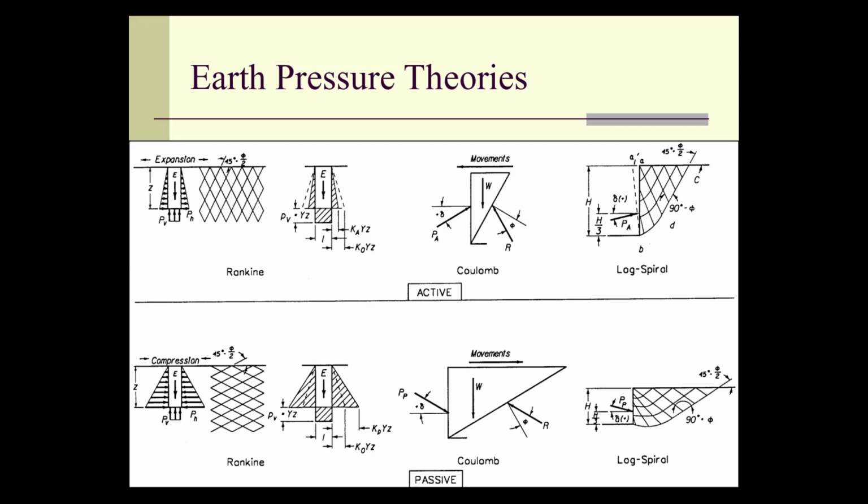Coulomb was the first one, actually. And Coulomb assumes basically that there is a wedge of soil. I'm going to get into more detail about what this looks like in a minute. There's a wedge between the wall, which is on the left, and a sloped surface that is a failure surface.